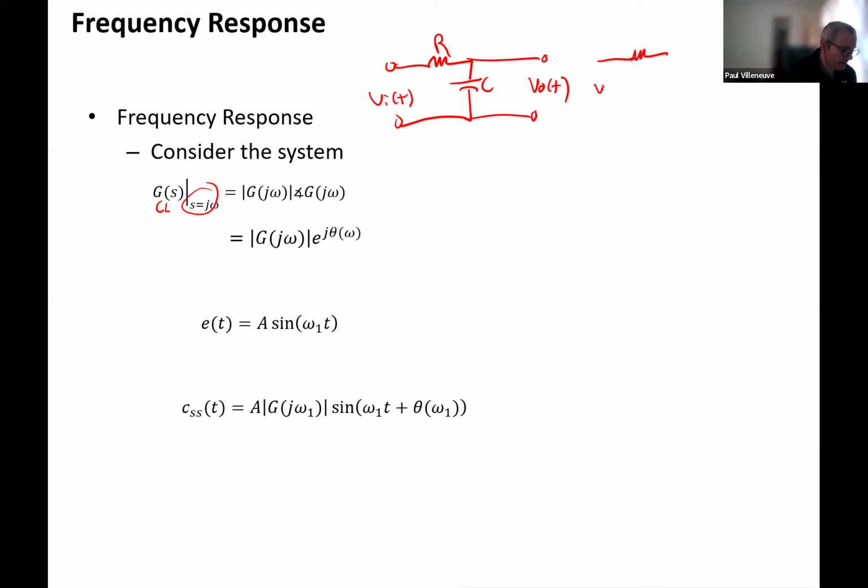How about, so this V in of t is going to be equal to some voltage sine of omega t.